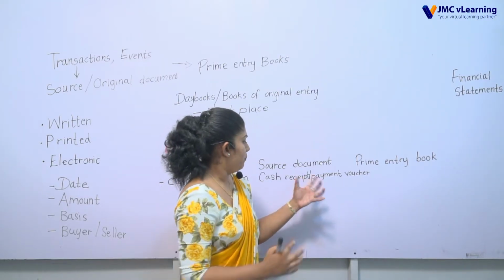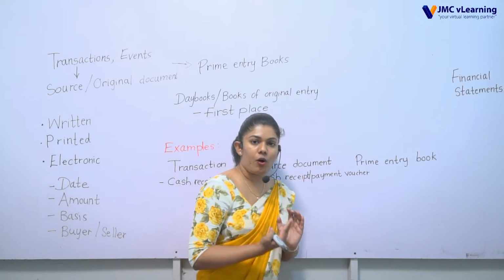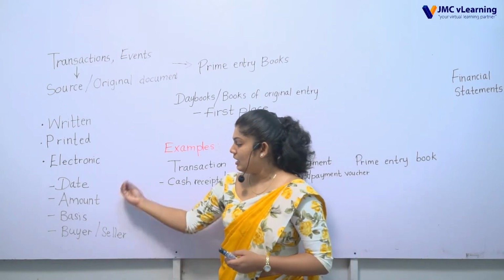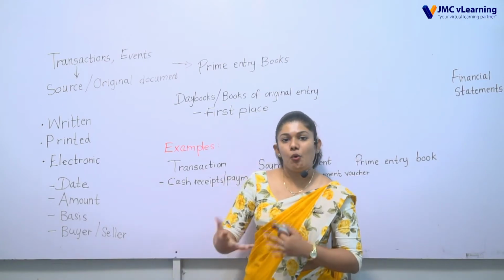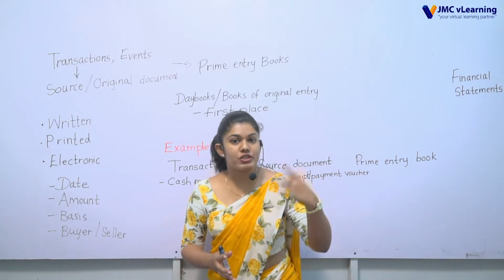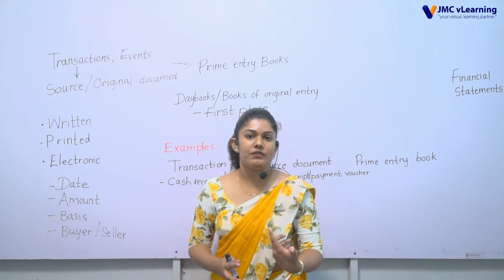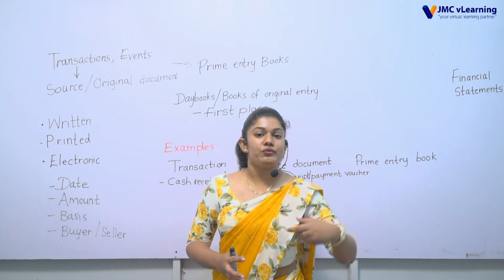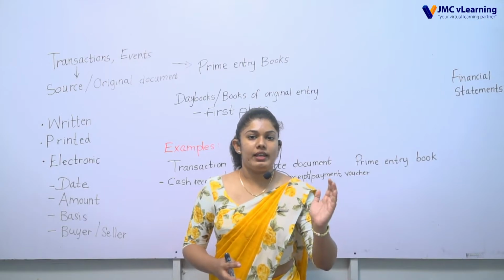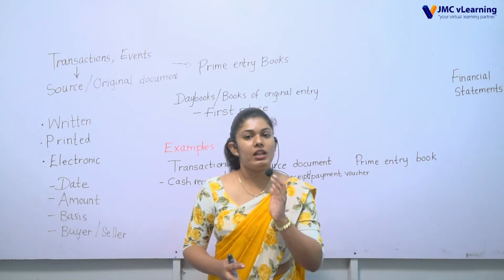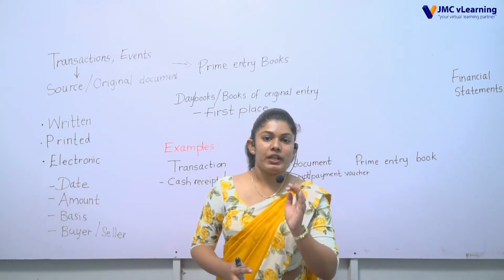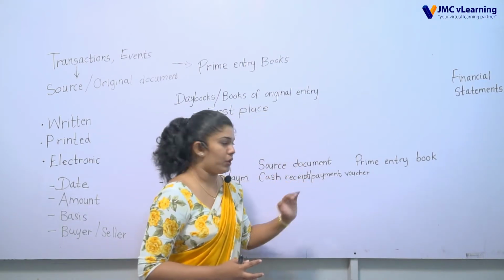So these payment vouchers and receipts also share this basic information, that means the date, amount, basis, to whom we paid. The date we made the transaction, how much we paid or how much we received, and to whom we paid or from whom we received, on what nature, whether it is large scale or small scale, whatever, we have to record these basic details in these source documents.